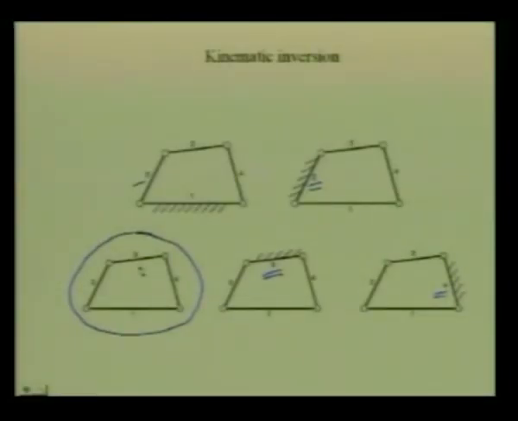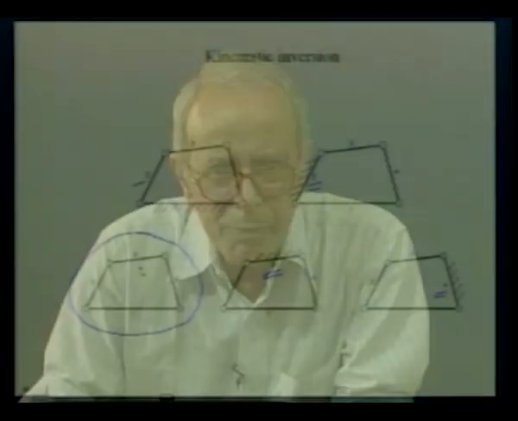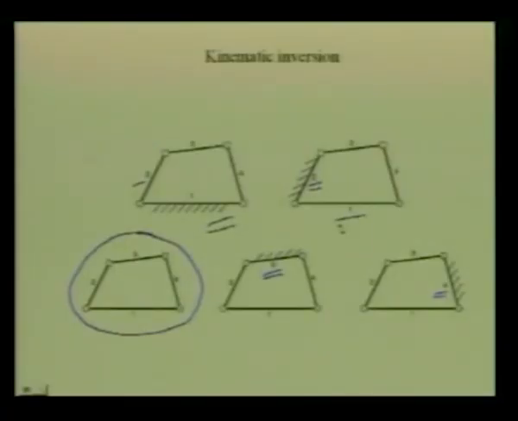Let me now explain what we mean when we say that the relative motion is independent of the kinematic inversion. As both of these mechanisms were obtained from the same kinematic chain by a process of kinematic inversion, the relative motions between various links of these two mechanisms will be the same.